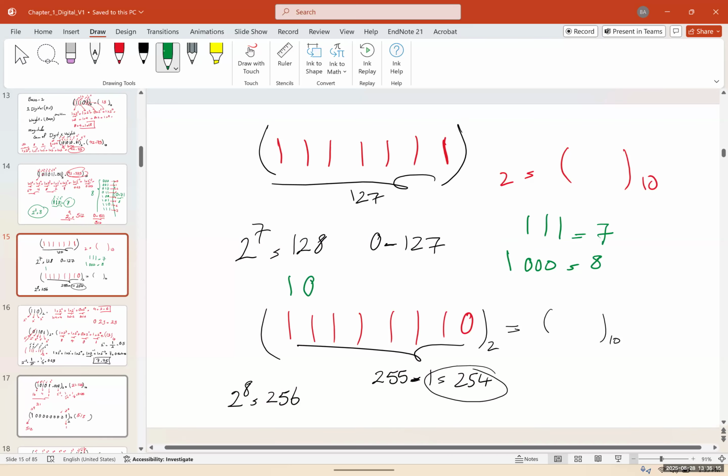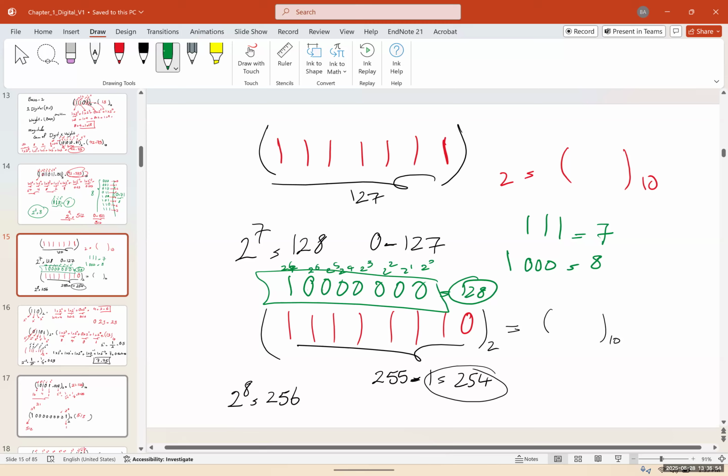So what is this number? 1, 2, 3, 4, 5, 6, 7. 2 to the power of 0, 2 to the power of 1, 2 to the power of 2, 2 to the power of 3, 2 to the power of 4, 2 to the power of 5, 2 to the power of 6, 2 to the power of 7. 2 to the power of 7 is equal to what? 128. So this number is equal to 128.